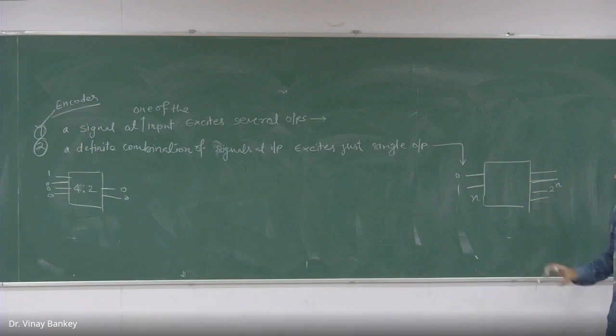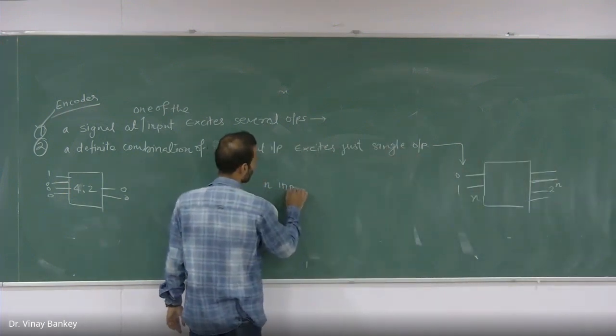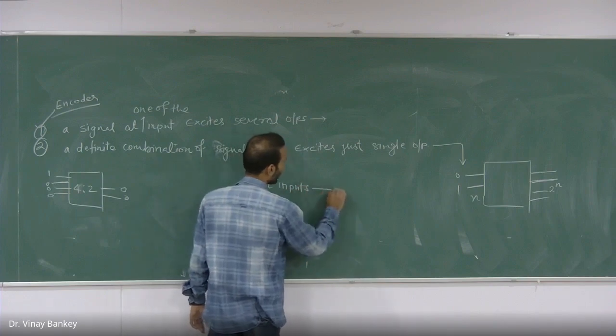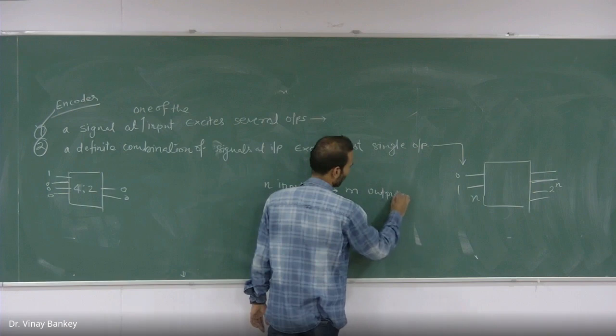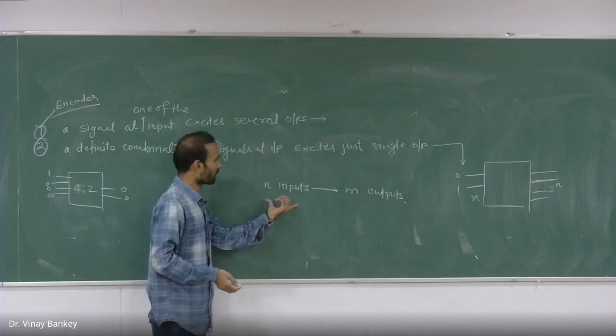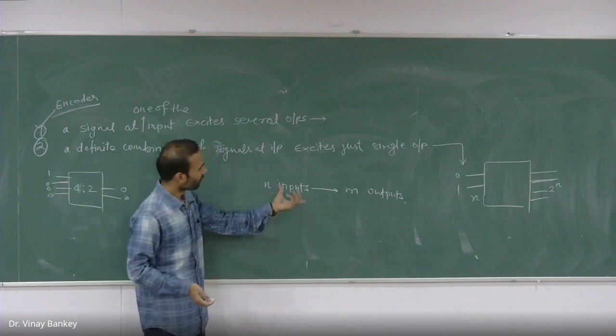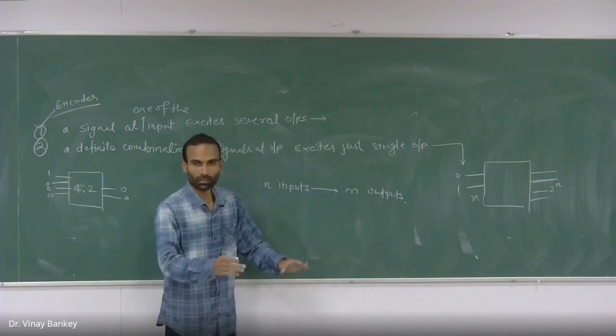Okay. What if I want n number of inputs to excite m number of outputs? It means I will give a definite combination of inputs at the n inputs, and I want as a result that m outputs should be high, or m outputs should work.